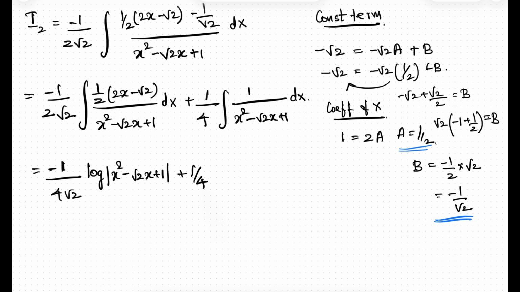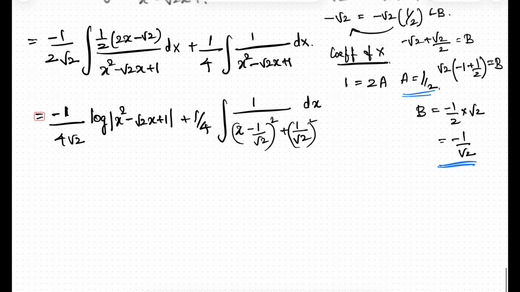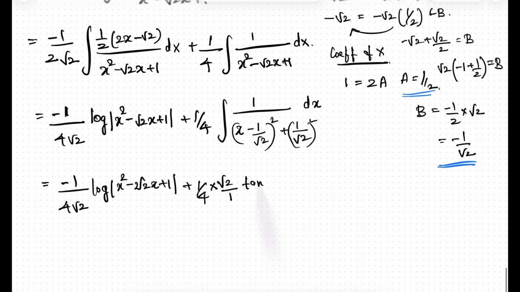And here I am going to simplify it. I am going to complete the square, and when I do so, I will get x minus 1 by root 2 the whole square plus 1 by root 2 the square dx. So I'll be having minus 1 by 4 root 2 log of x square minus root 2x plus 1 plus 1 by 4, 1 by a tan inverse of x by a, plus c2.